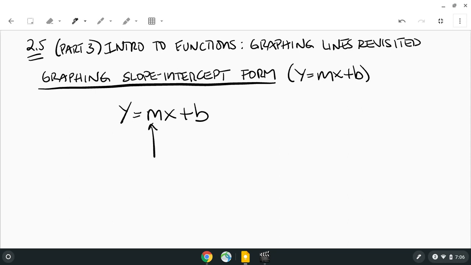So two very important pieces of information that we can extract from the equation is the slope, which is rise over run, and this here, which is our y-intercept.